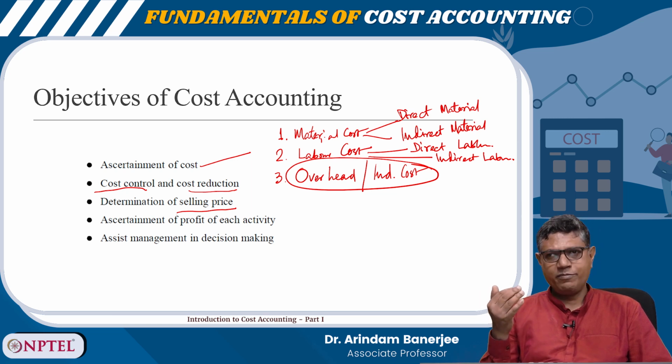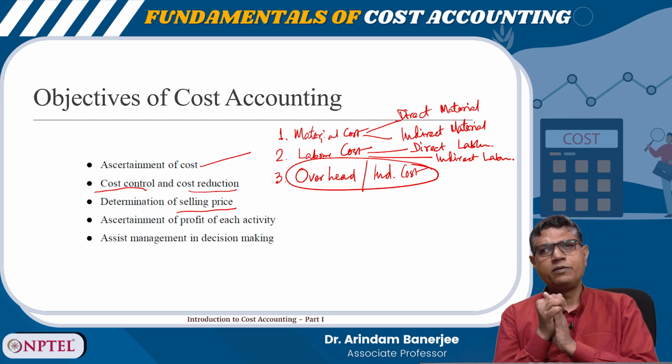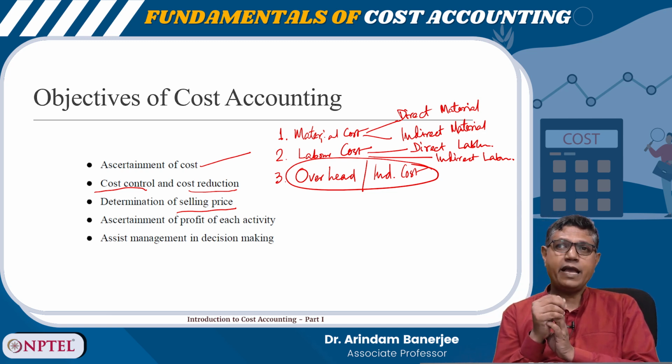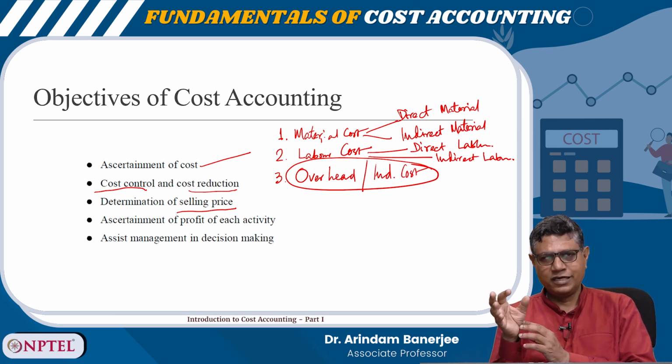When I am doing penetration pricing, that means I am selling at a price which is lower than the cost price or almost matching the cost price. My objective is to gain market share in a shorter period of time. Companies use this kind of strategy, but I must know that I am doing it, and I must have a strategy for how I will recover this loss in the longer term.